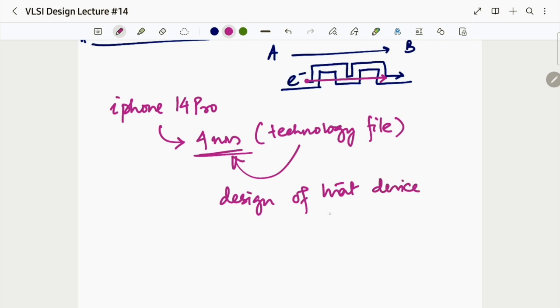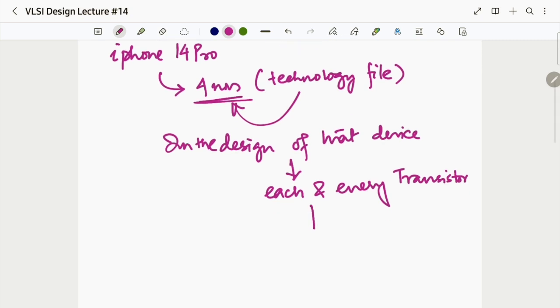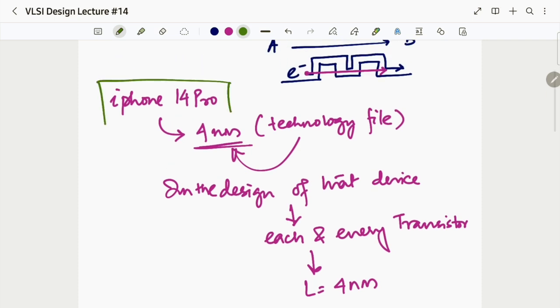Understand that the whole design of that device means that each and every transistor has a channel length of 4 nanometer. So in iPhone 14 Pro they had advertised that they're using a technology file of 4 nanometer.